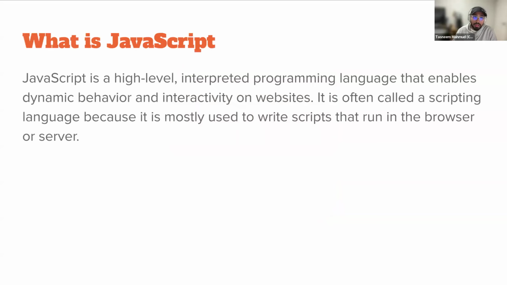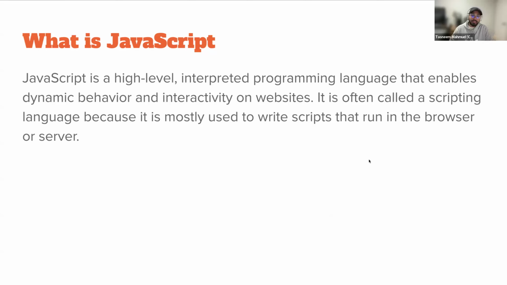Now, what is JavaScript? JavaScript is a high-level interpreted programming language that enables dynamic behavior and activity on websites. It is often called a scripting language because it is mostly used to write scripts that run in the browser or server.